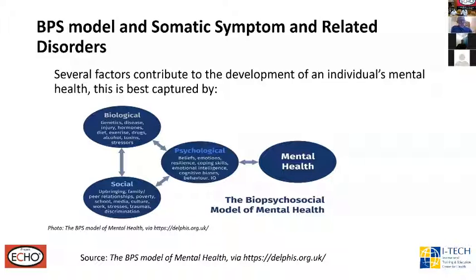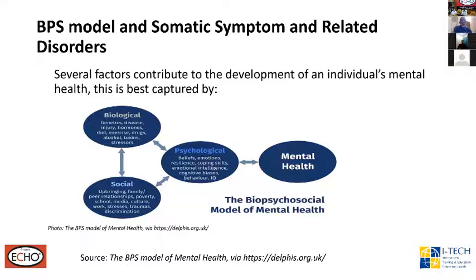So here we have the biopsychosocial model and somatic symptoms and related disorders. We're all familiar with this approach, the biopsychosocial approach. And this stems from the biomedical model, which failed to include many factors that can influence the formation and development of an illness, as well as the management of an illness.